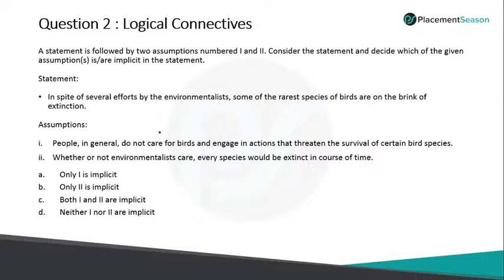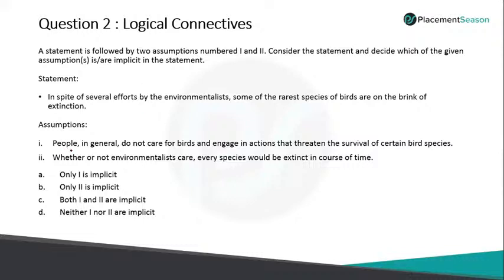So what will be the assumption, right? We have two assumptions here. First assumption given here: people in general do not care for birds and engage in actions that threaten the survival of certain bird species. In the statement given here, several efforts are taken, but still we are losing them.